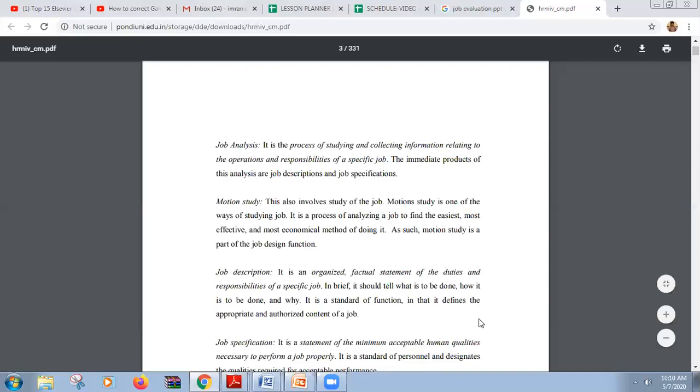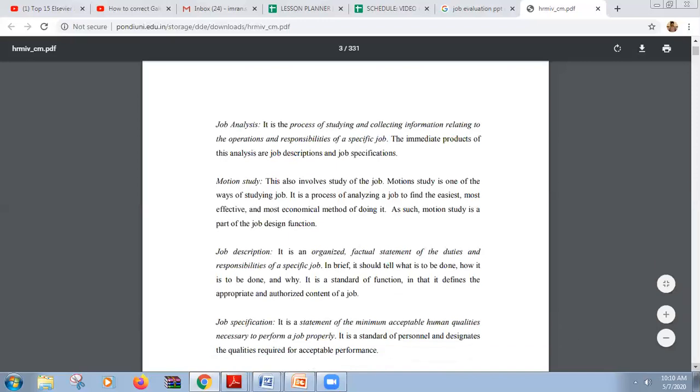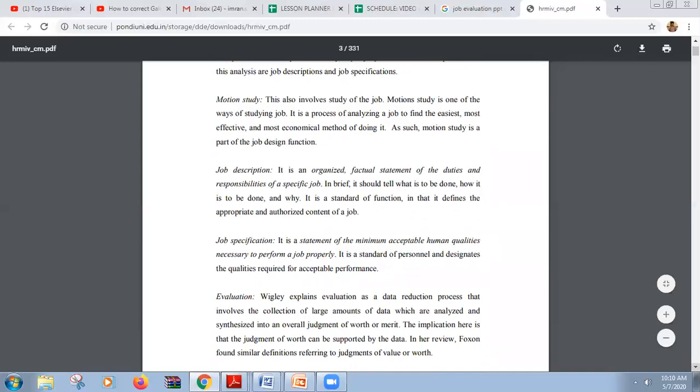It defines the appropriate and authorized content of a job. So this is the job description. After the job description, there is the job specification. For job specification, we need to tell the skills of the persons or workers that have to perform the job.